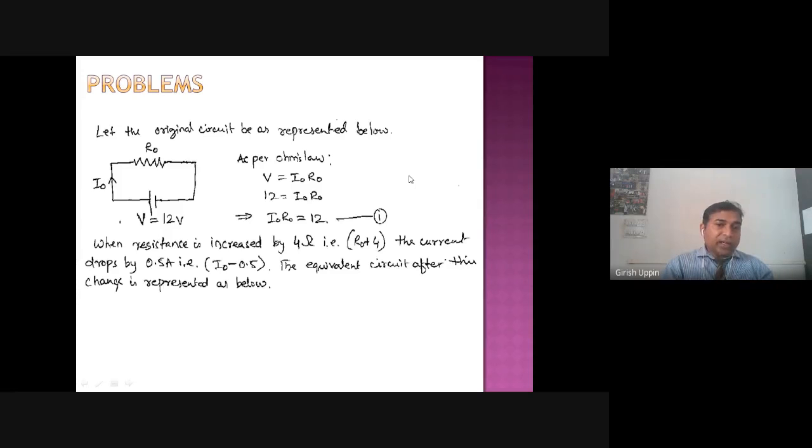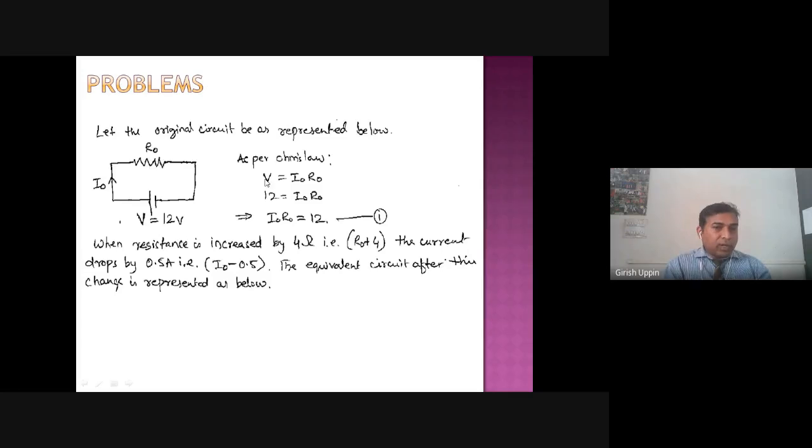Then in the second scenario, there is one more circuit diagram with one resistor, R naught plus 4 ohm. The new resistance is R naught plus 4. What would be the resulting current? I naught minus 0.5. And what would be the voltage? 12 volt. Now can you solve it?